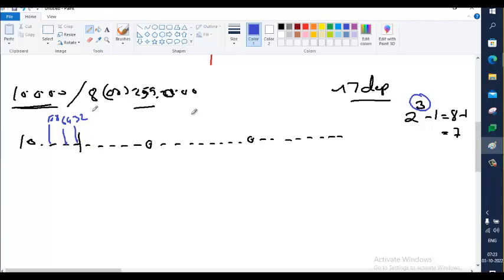Yeah, 32. 128, 64, 32. You're giving these 3 bits. So for the new subnet mask, what do you need to do? You need to sum all these 3. You will get 224. 128 plus 64 plus 32.